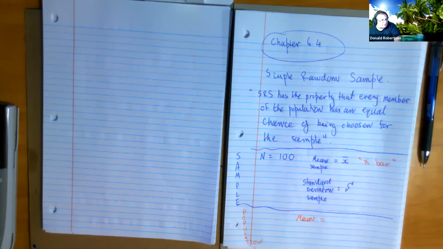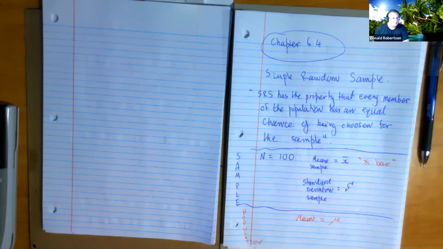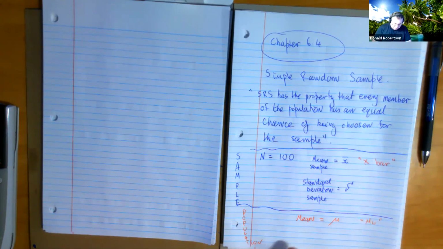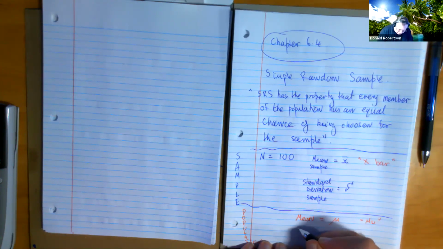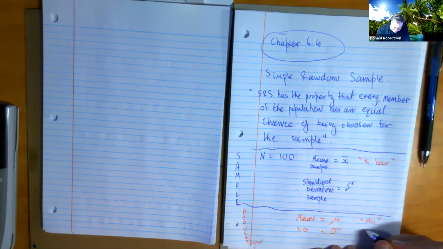We call that mu. Remember, that's how you pronounce it. Does the population have a standard deviation, right? You imagine there's 32,000 people in Bremerton, right? Isn't there a standard deviation for that? And the standard deviation, I'll just call it SD, we pronounce as sigma.